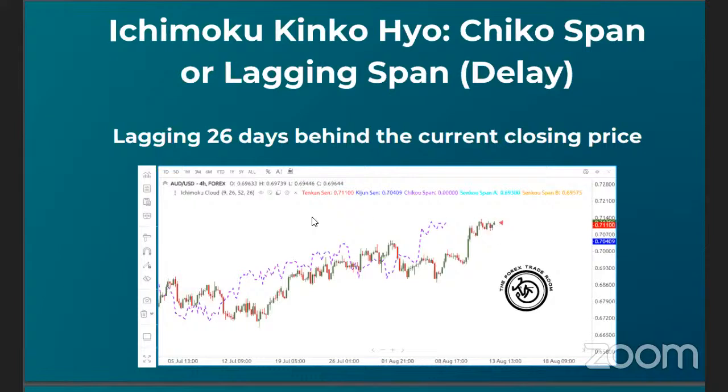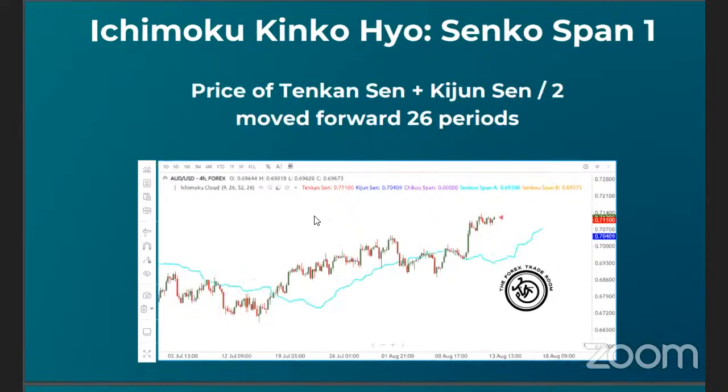Now let's talk about our next line. We've gone through 3 so far. We said there's a total of 5 that make this thing up, a series of lines that all come together to form the Ichimoku cloud. So we have what we call Senkou Span 1.